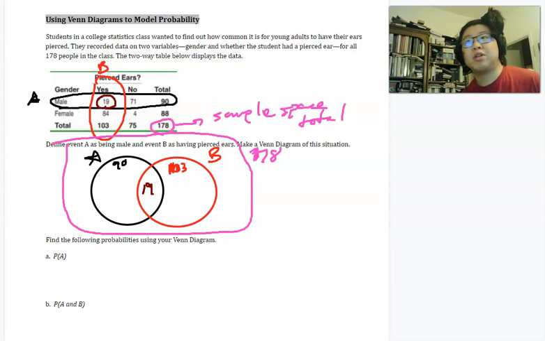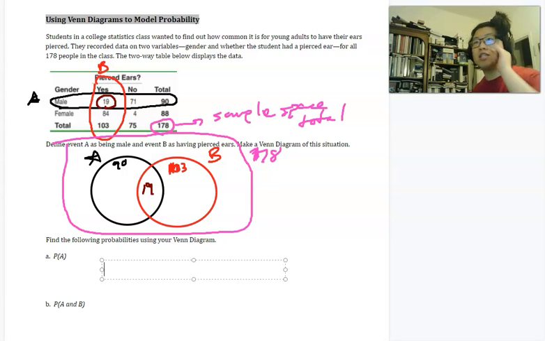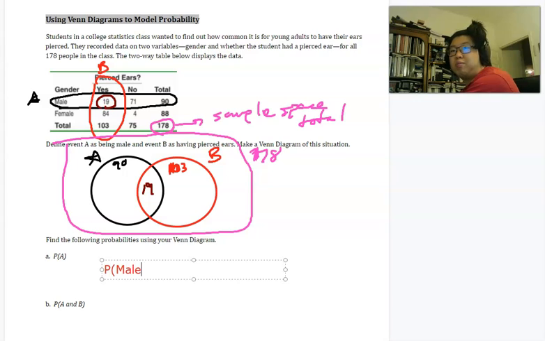The probability of A. Probability of A is the probability of being a male in the study. Well, that is the total number of males, which is 90, divided by the total, 178.